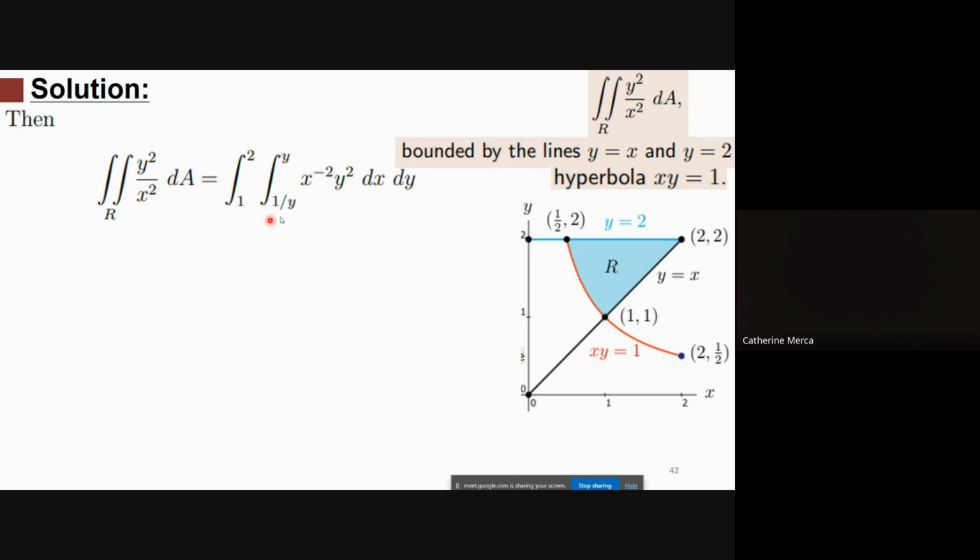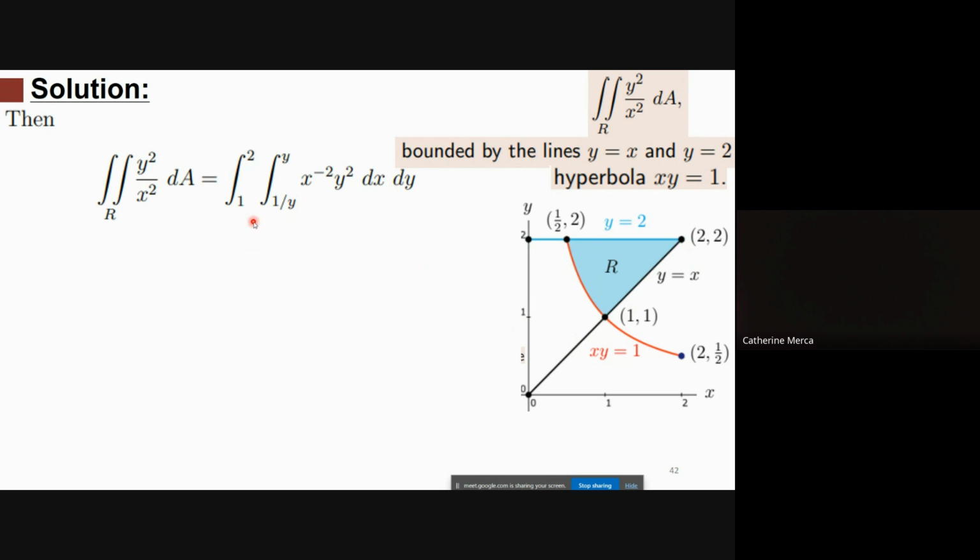So you have 1 over y, and you should have your dx. On the other hand, for y, moving up there, your y moves from y equal to 1 to y equals 2. So it's a constant there.